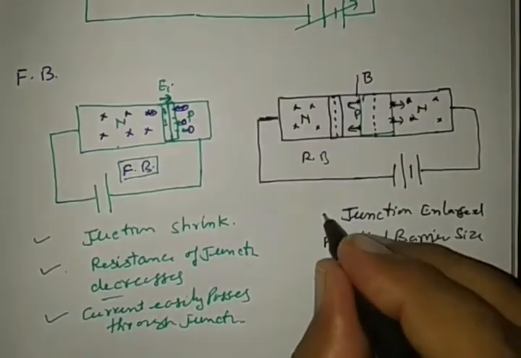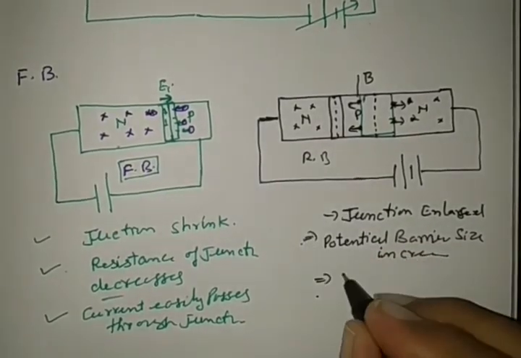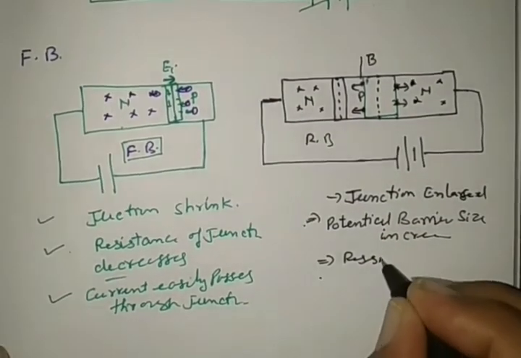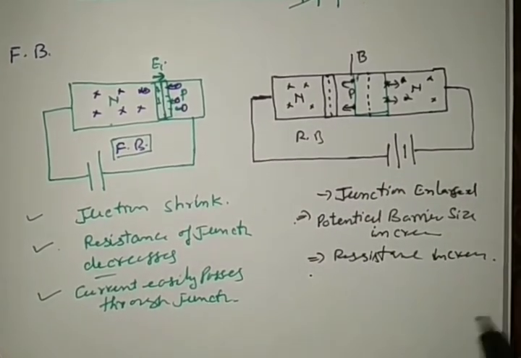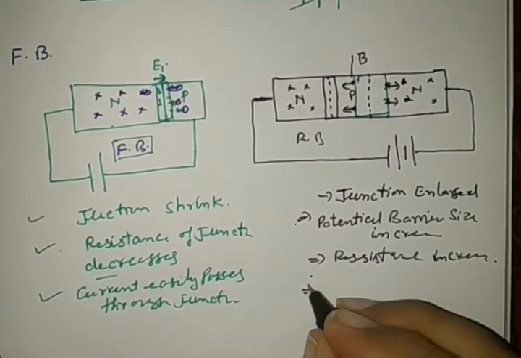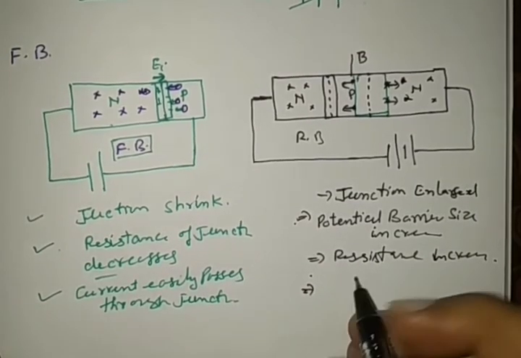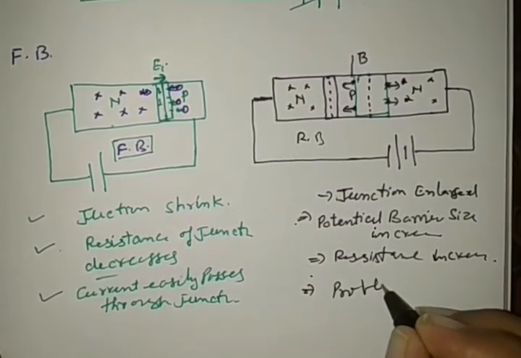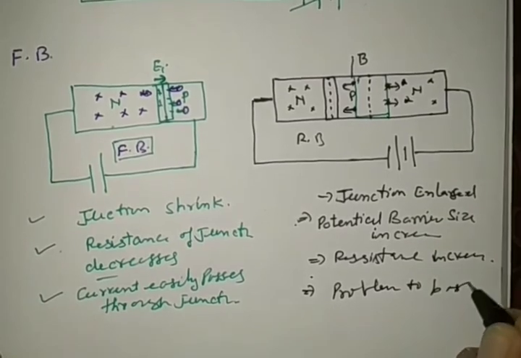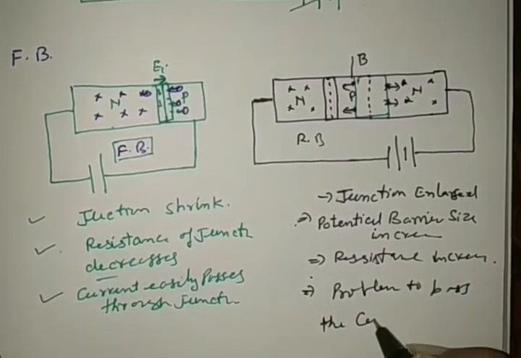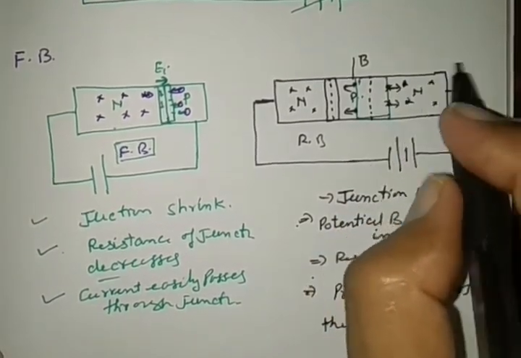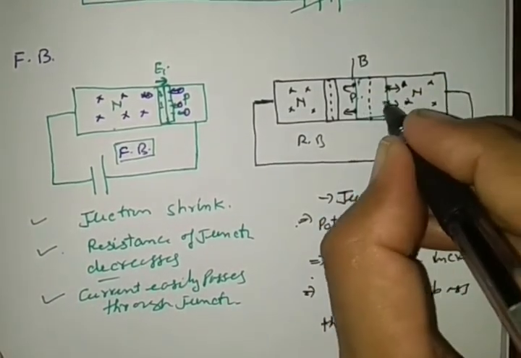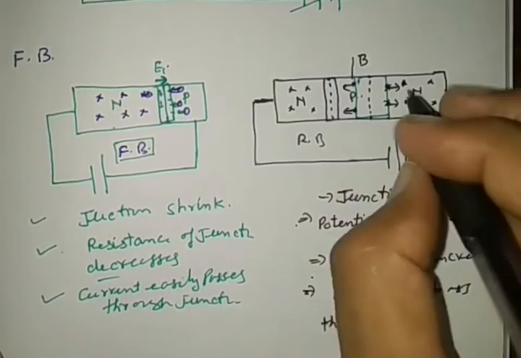This implies that resistance increases. So there is a problem to pass the current; it is difficult to pass the junction. Resistance increases in reverse bias.